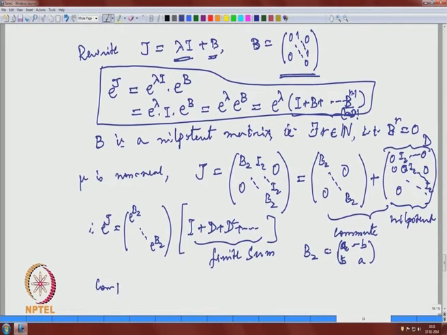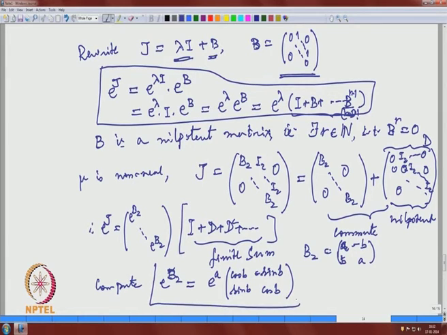So, compute e to the B2, which is equal to e to the A times the matrix with cos B, minus sin B, sin B, cos B. Okay. So, it is not difficult to compute that.